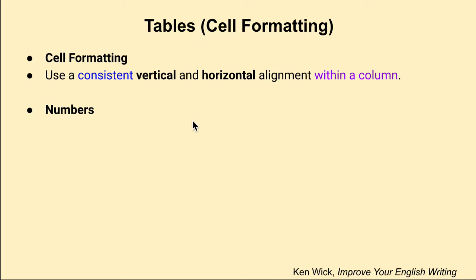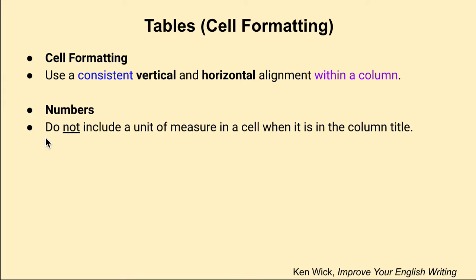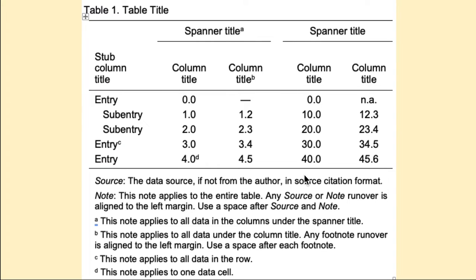So let's talk about formatting numbers. Do not include a unit of measure like feet or inches in a cell when it is in the column title. Here's my example, a table that I had from part 1.